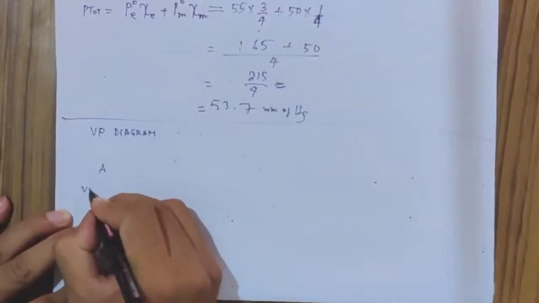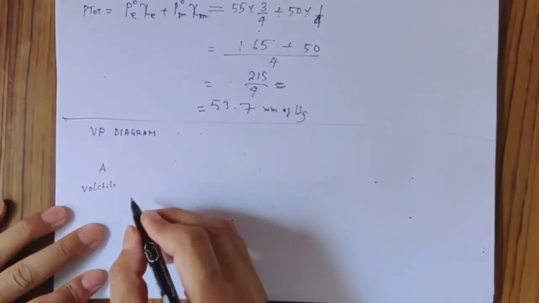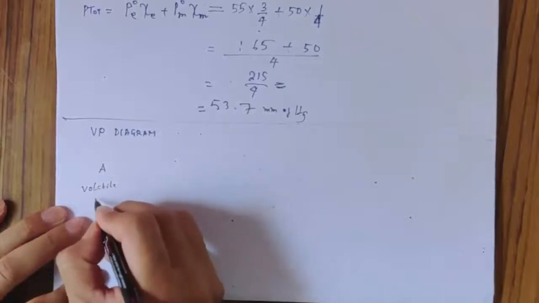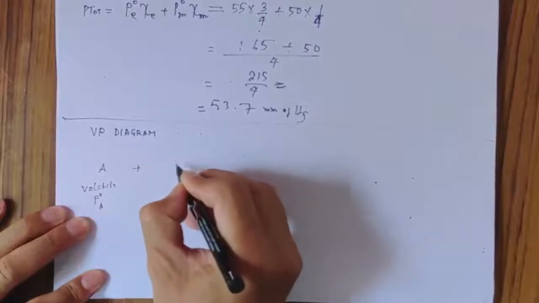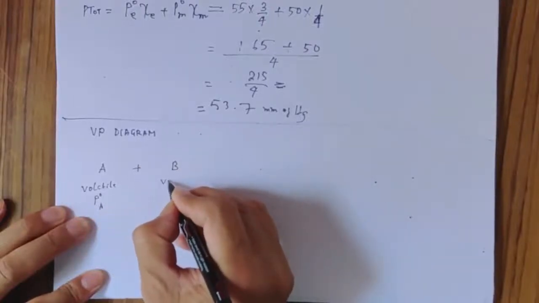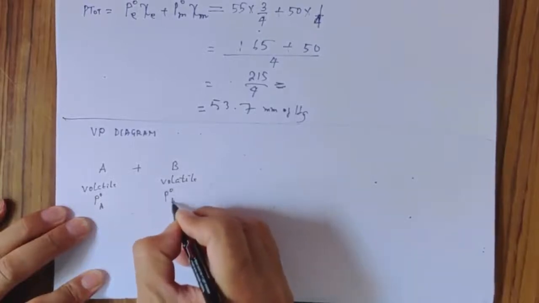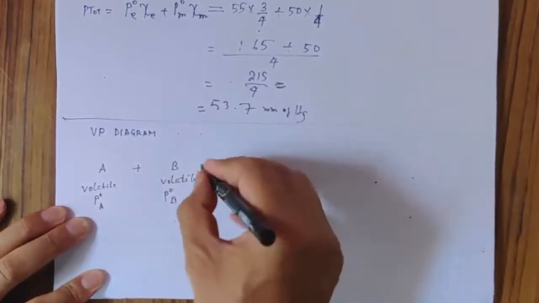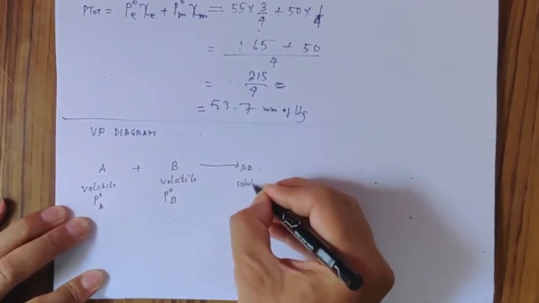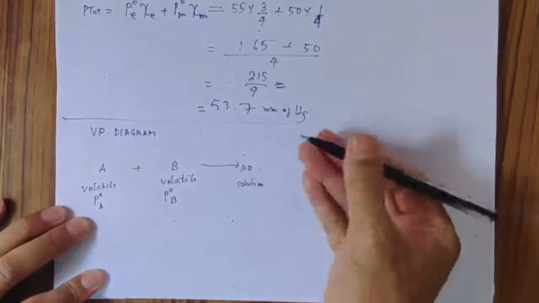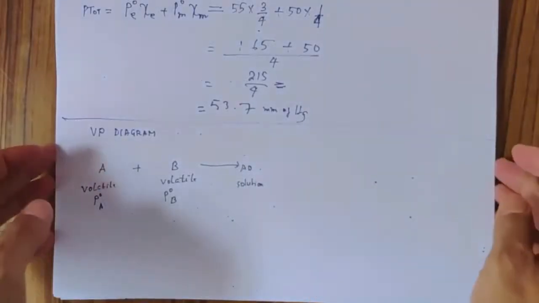Component A is volatile, and its vapor pressure is P naught A. Component B is also volatile, with vapor pressure P naught B. The AB solution has a vapor pressure given by Dalton's law. Again, it is a diagram.